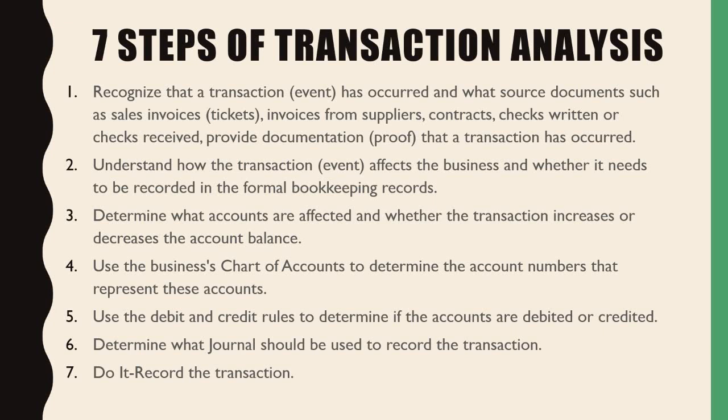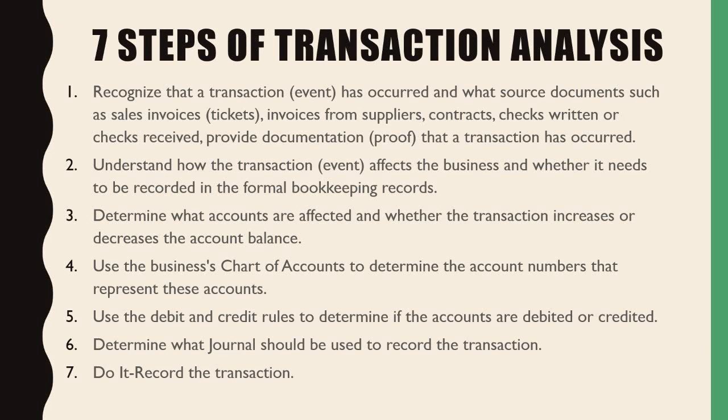So of course the first thing that you're going to be doing is you're going to recognize that a transaction has occurred. By doing that, you're going to be collecting source documents, proof that a transaction had actually occurred. Whether it's a sales receipt, an invoice, or a bill, that is proof that a transaction had occurred. Now, how do you take that piece of information and recognize, does this affect my business?